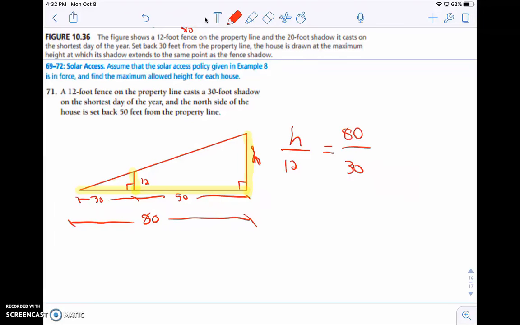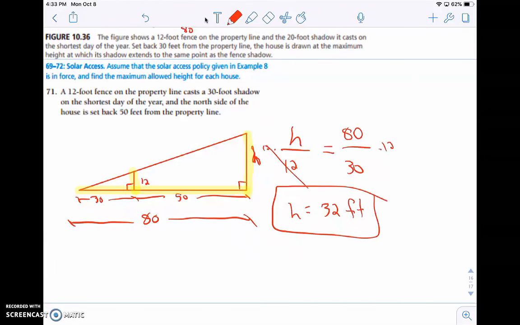Those two ratios have to be the same. So now we can just solve for h here. I'm going to multiply both sides by 12. So I get h equals 80 times 12 divided by 30. If you multiply that out, it's going to be 32 feet. So your house can reach a maximum height of 32 feet to still be within the ordinance, or this property ordinance that the city has given.